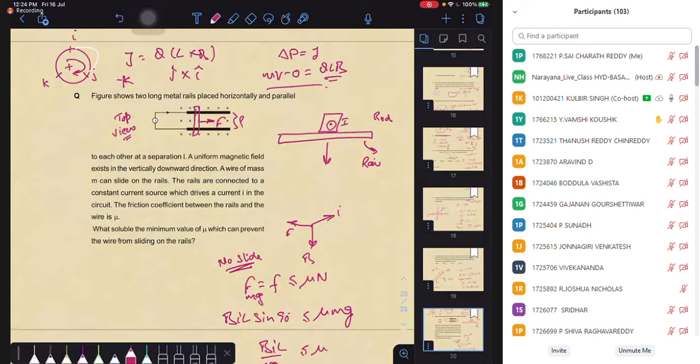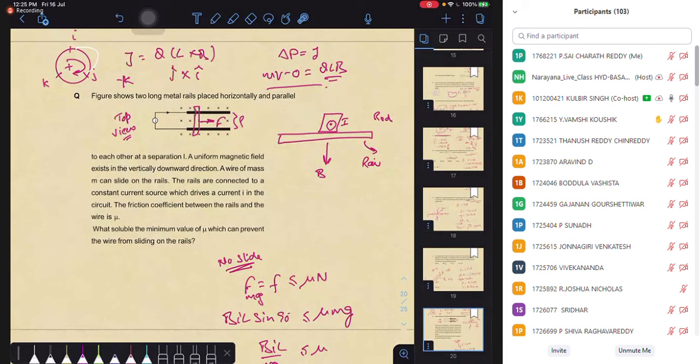We have the magnetic field in the vertically downward direction. So magnetic field downward, current as a dot, and if you take the cross product, you rotate the finger I cross B. The finger first points outward, then rotate toward the magnetic field. Taking the finger outwards and rotating, it gives the thumb toward this side.